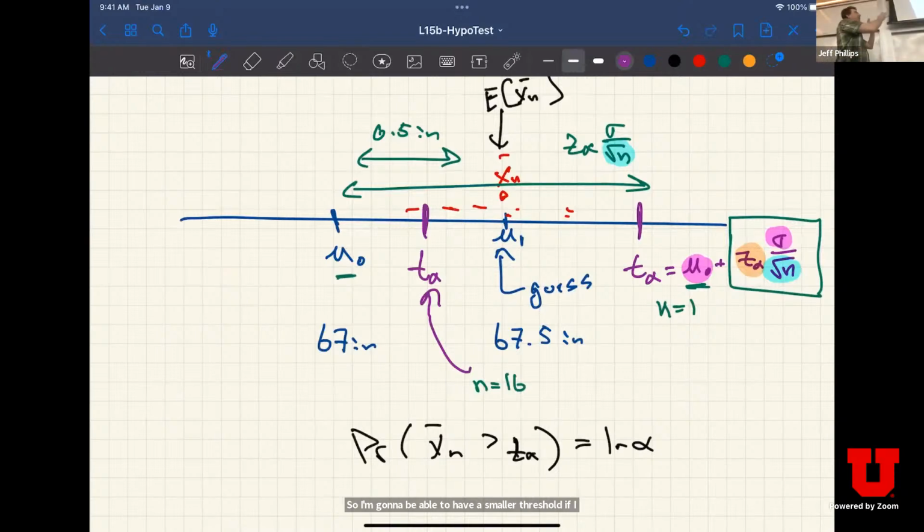Right, so this kind of helps me choose. I can run an experiment with one sample, but I do better if I have more samples, right? And as n increases from 1 to 16, that square root n changes from 1 to 4. So the distance I'm moving from mu0 is being cut to 1/4 of what it used to be.